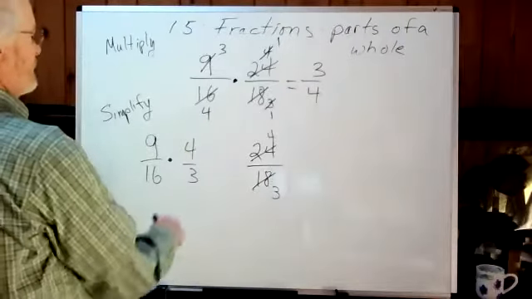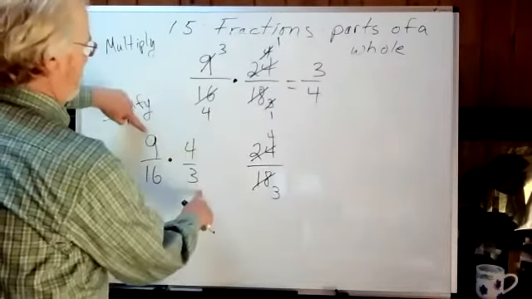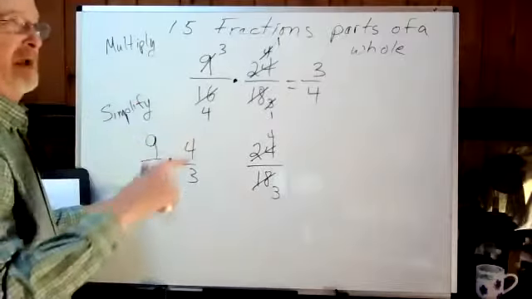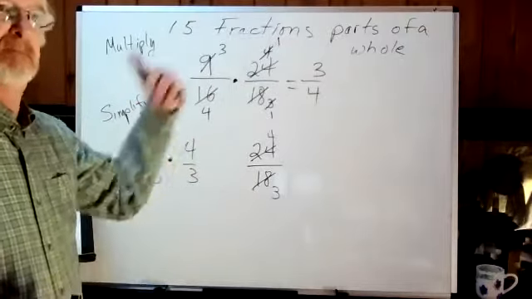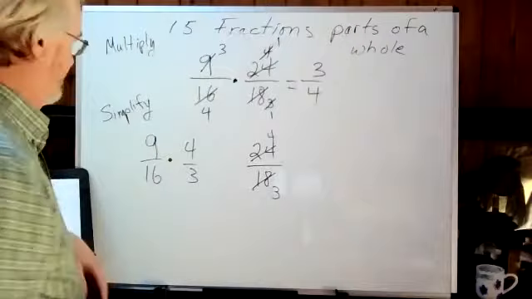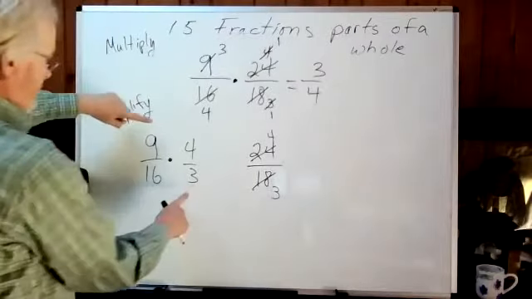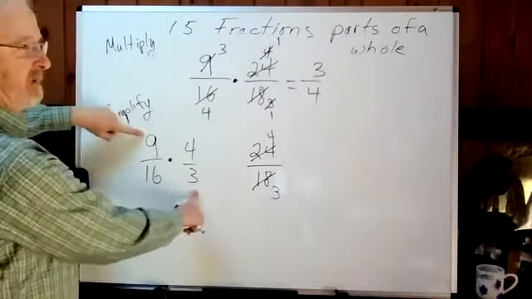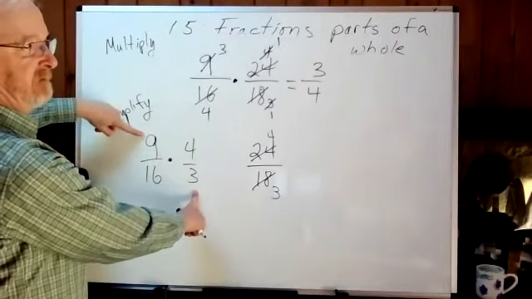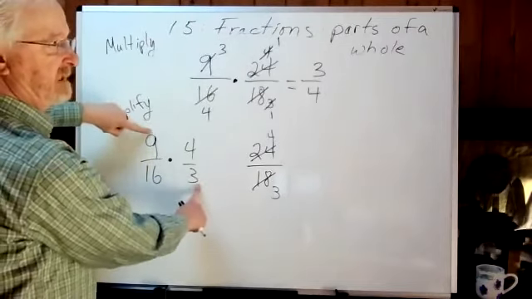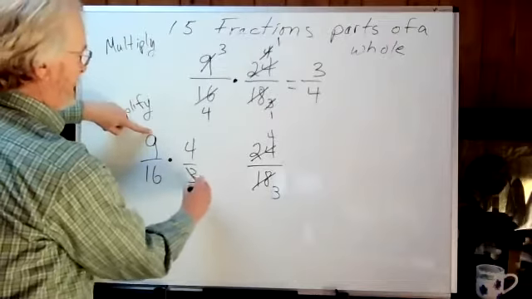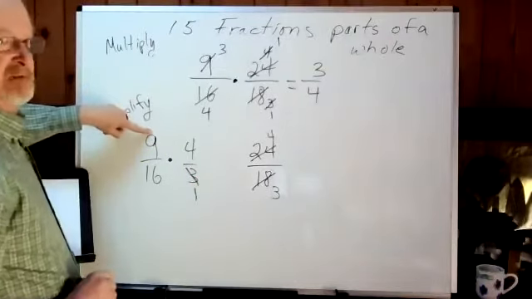Oh, so as long as I'm looking between top and bottom, I can cancel the same value from both the top, the numerator, and the denominator. Here I noticed the numerator here and the denominator here are both divisible by 3. Mm-hmm. So I'm going to divide both of these by 3s. Okay. Divided by 3 leaves a 1.